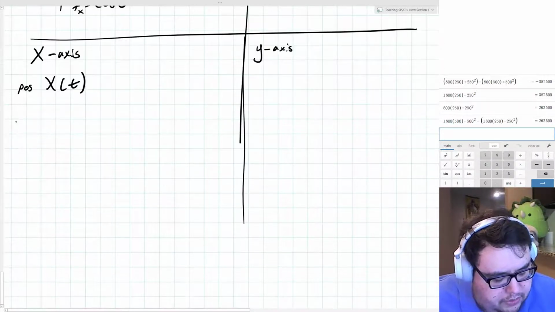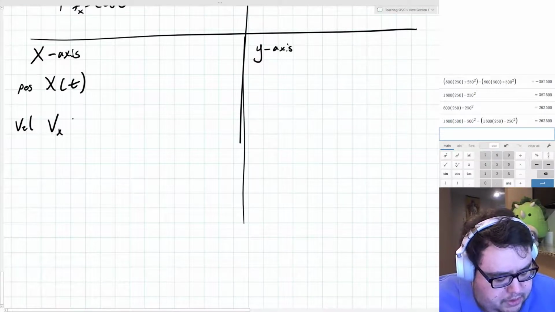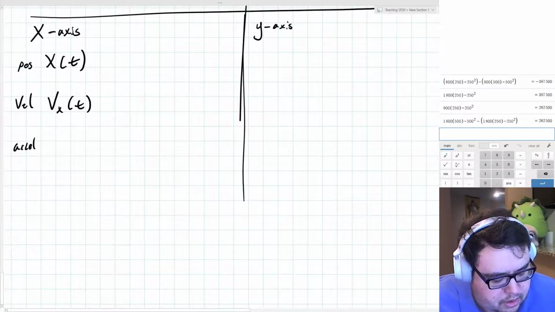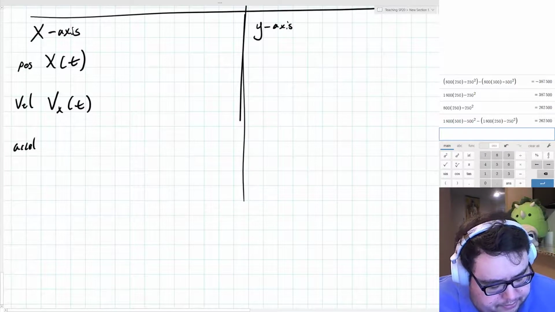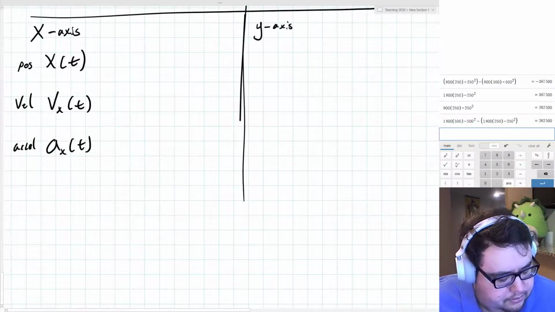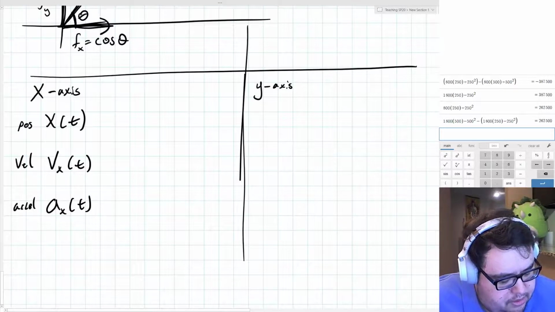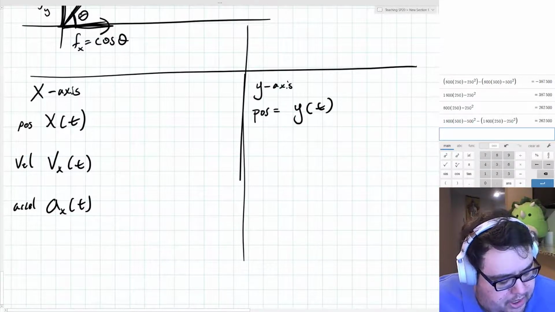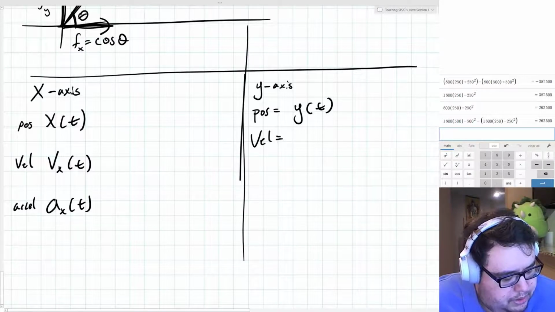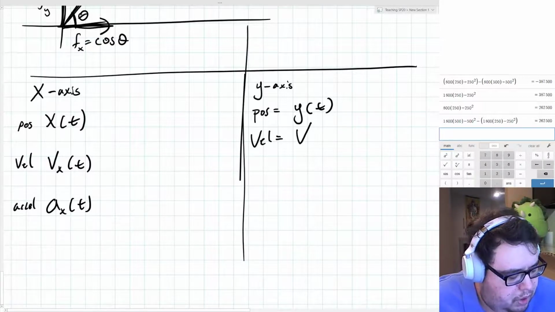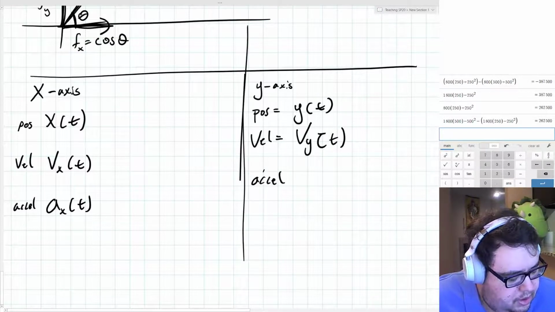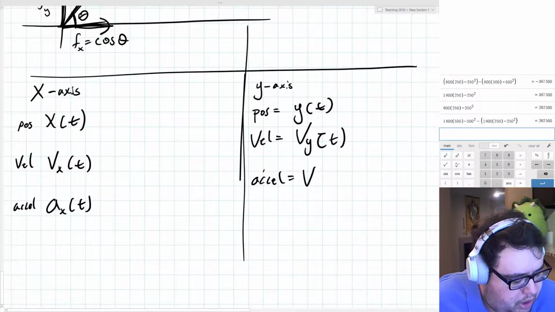We should have a velocity function, v sub x of t, and an acceleration function, a sub x of t. In the y-axis, we should have a position function, which will be y of t, a velocity function, v sub y of t, and an acceleration function, a sub y of t.